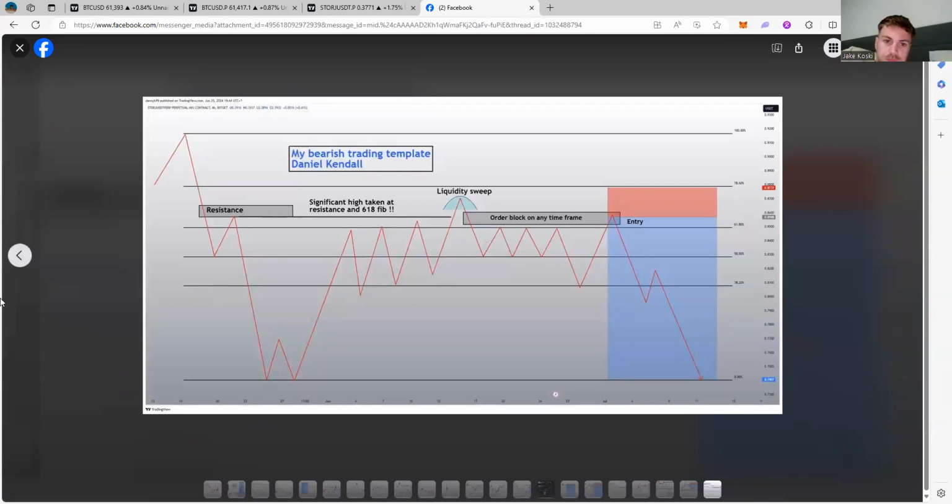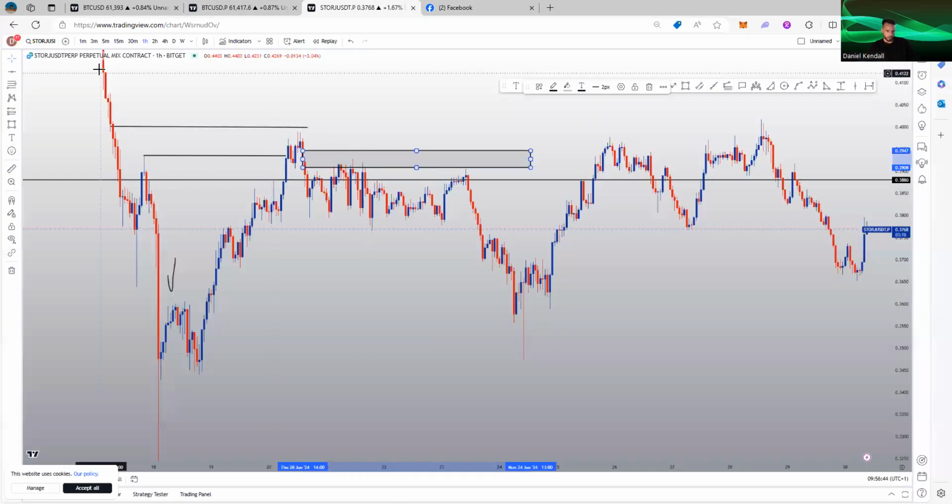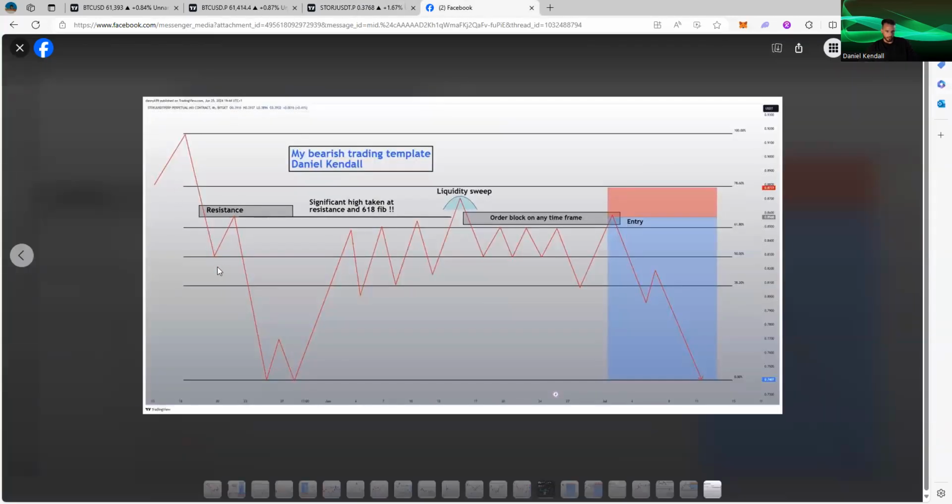Oh, right, yep. This here is your template. I'm going to put this into the Discord after this. This was the template for the Storj trade. So we had the drop there, we had the pullback.